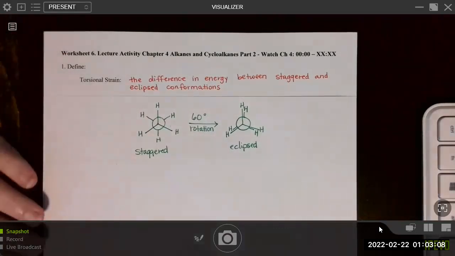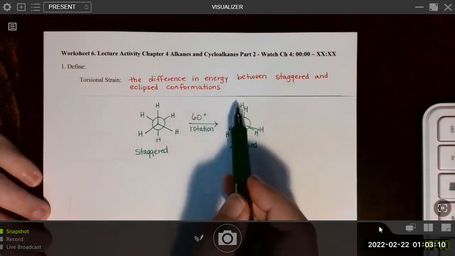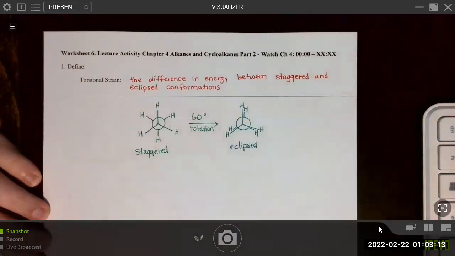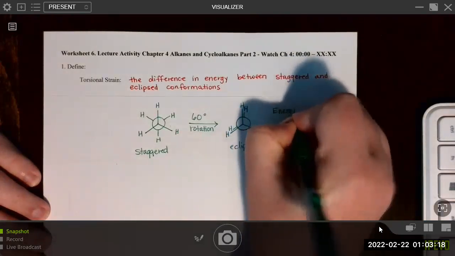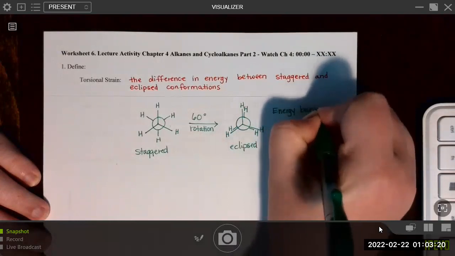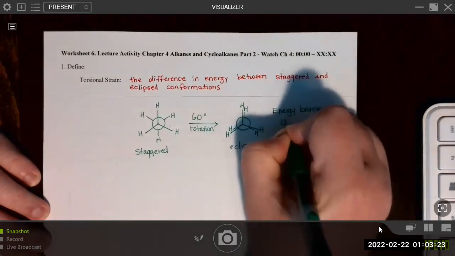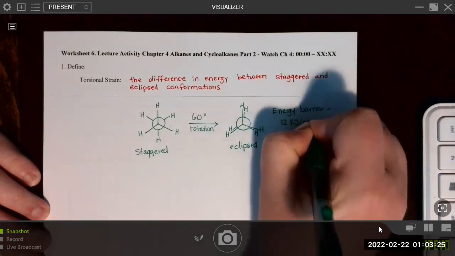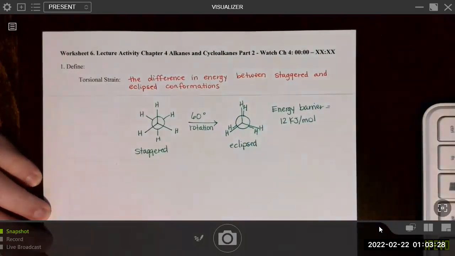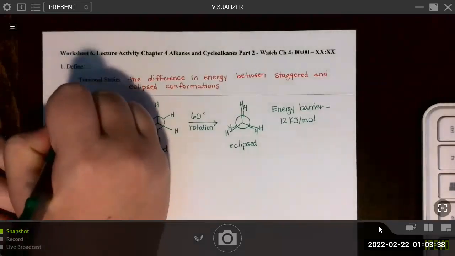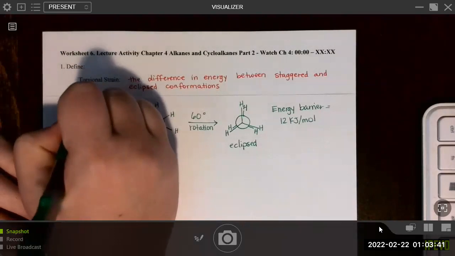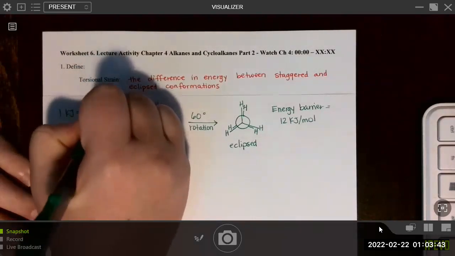And remember that each eclipsing of two hydrogens costs 4 kilojoules per mole, right? So the energy cost, also known as the energy barrier, was about 12 kilojoules per mole for this, which later on we're going to be graphing using kilocalories. So it's important to know that roughly 1 kilojoule is approximately 0.24 kilocalories.